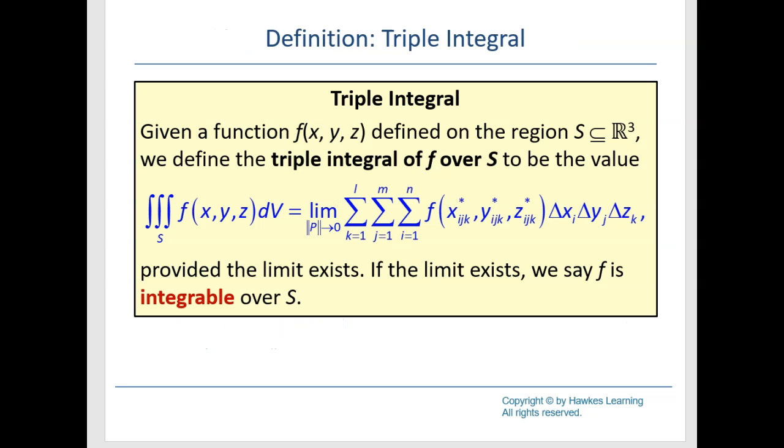So just like before, the triple integral is defined the same way. Now we're talking about integrating over some volume. S is some region in our 3-dimensional space, and this is a function that takes in 3 inputs and spits out a 4th-dimensional output. But it's the exact same concept as it was before.